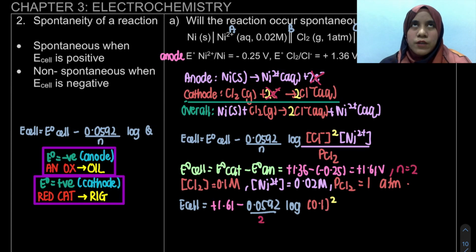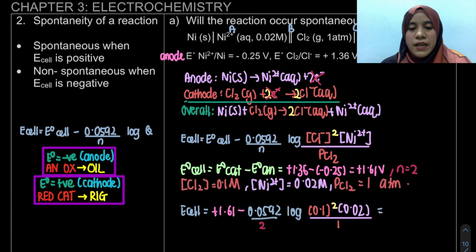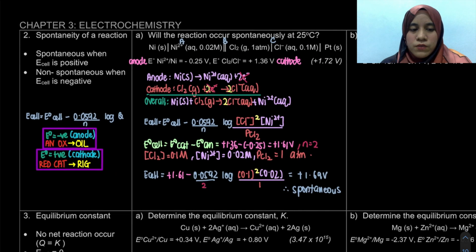But then remember to the power of 2, and the concentration of nickel divided by the pressure, which is 1. So from here we know that the E cell is equal to positive 1.69 volt. Okay, since it is a positive value, we know that the reaction is a spontaneous reaction. Okay, so that's for question A.